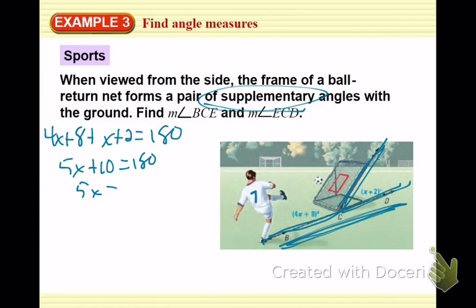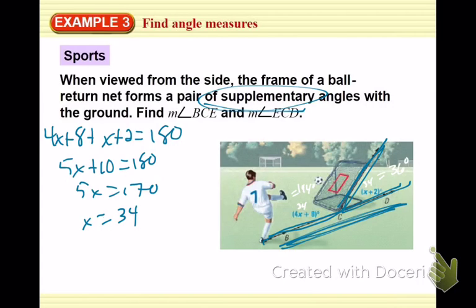Subtract 10, divide by 5. And now we're ready to substitute 34 in for x right here and 34 in for x right here. 34 plus 2 is 36 degrees. 4 times 34 is 136, plus 8, which is 144.